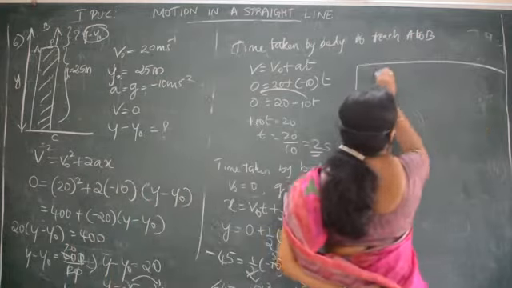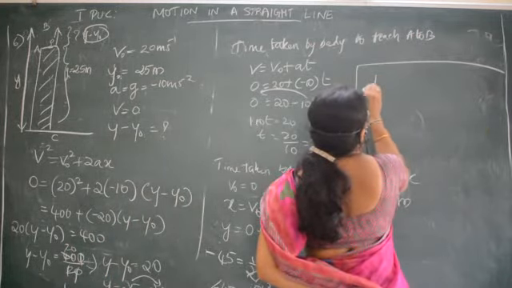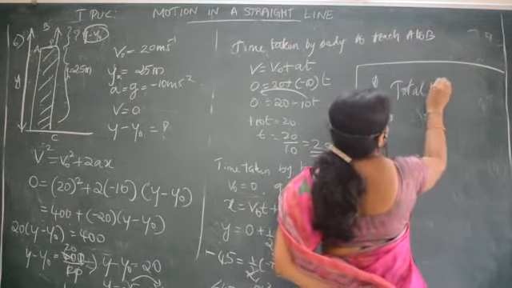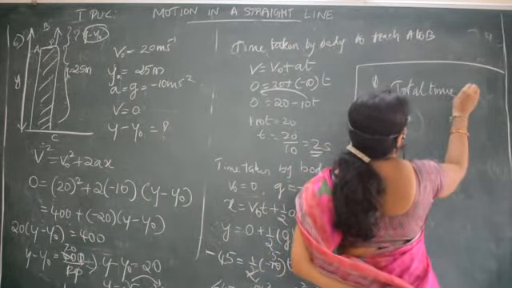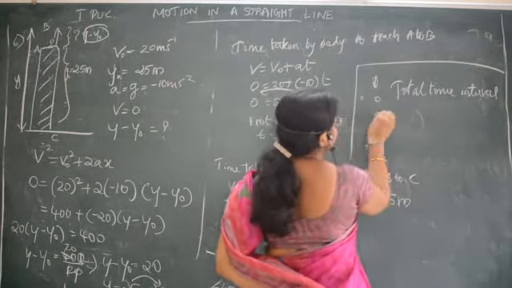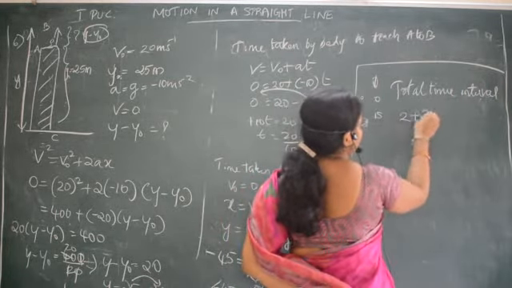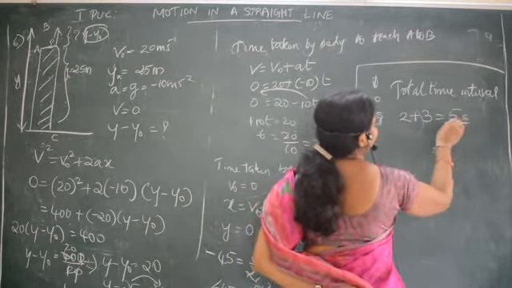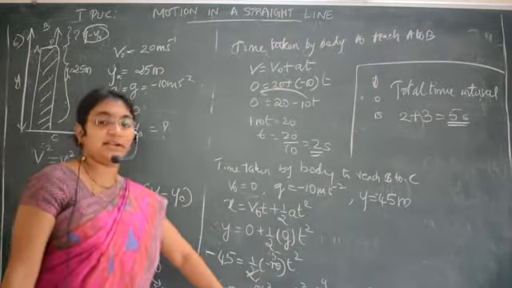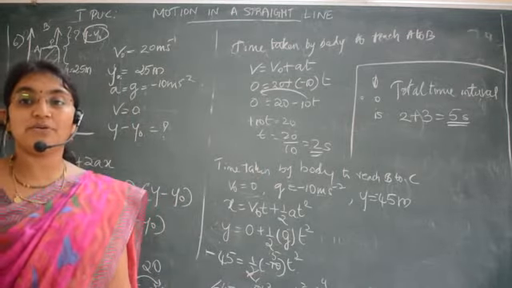Therefore, the total time interval is 2 plus 3, which is 5 seconds.